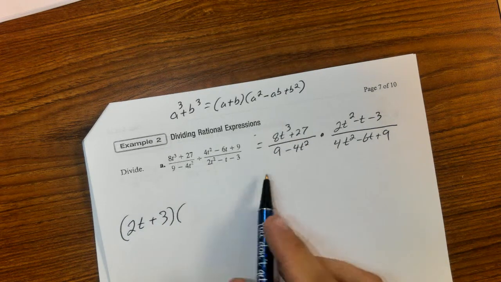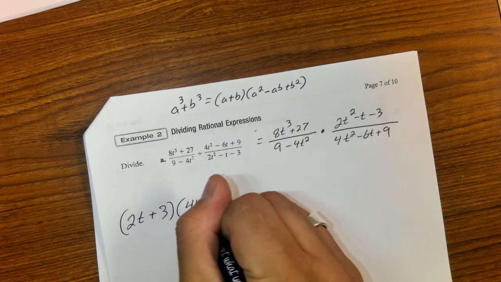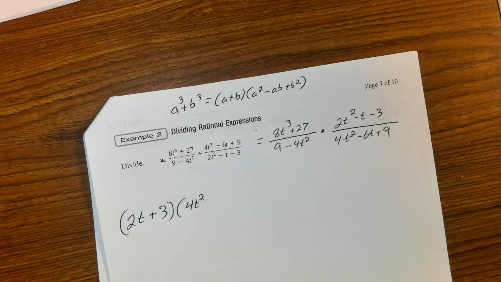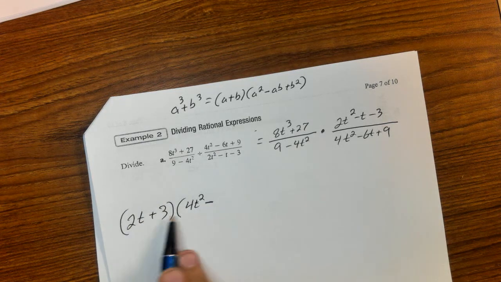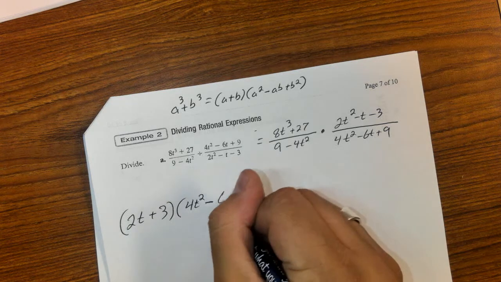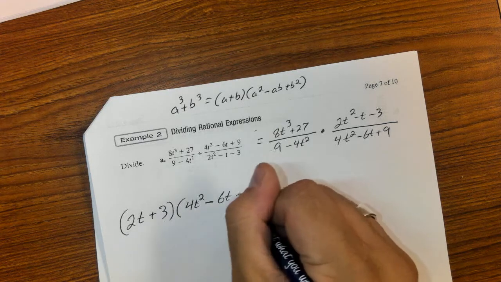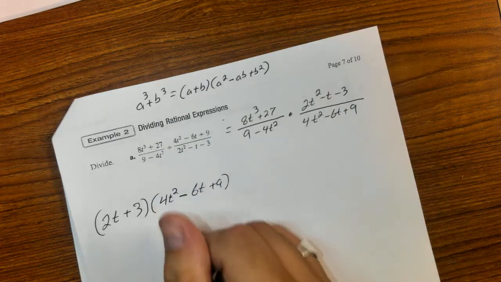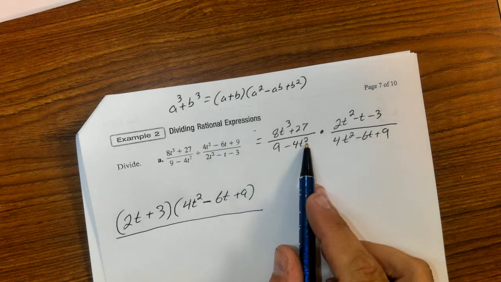Then 2t squared is going to be 4t squared, followed by the minus sign, opposite sign, and then ab is the product of your terms. 2t times 3 is 6t, so minus 6t, and then 3 squared is 9, so plus 9. And that is going to be divided by 9 minus 4t squared.